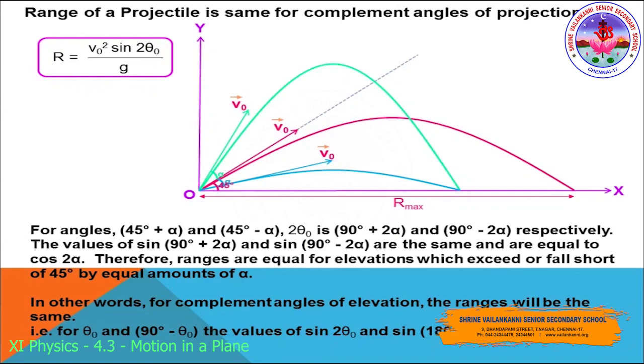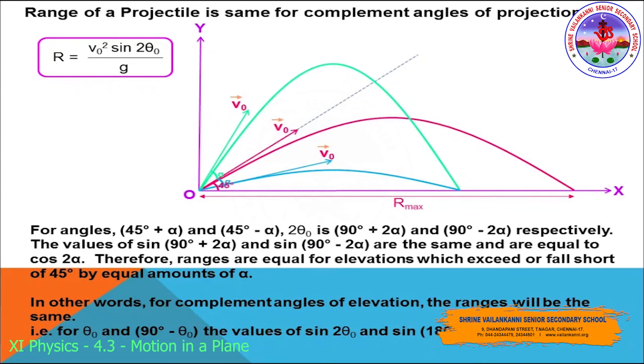So the condition of maximum horizontal range: we saw R equals v naught square sine 2 theta by g. Clearly R will be maximum when sine 2 theta is equal to 1, that means sine 90 degree. So 2 theta equals 90 degree, or theta equals 45 degree.